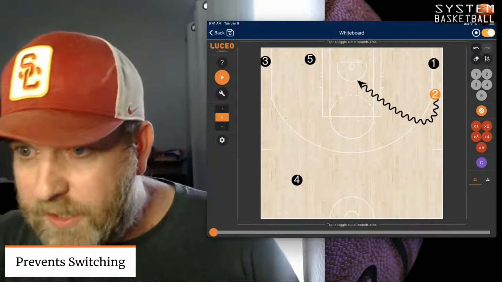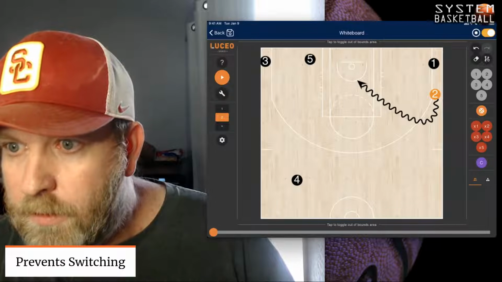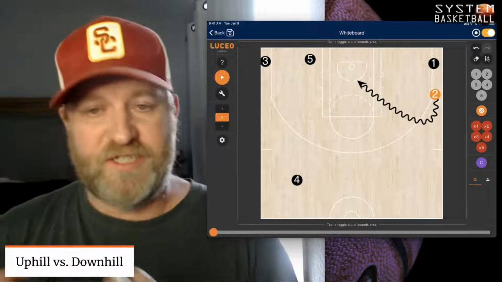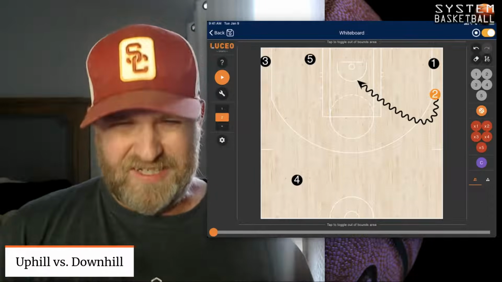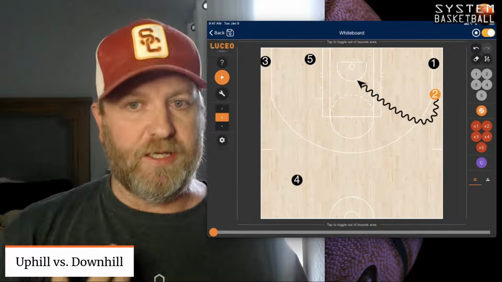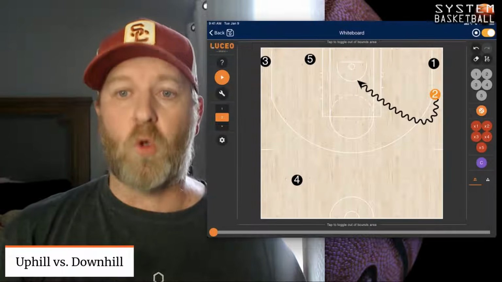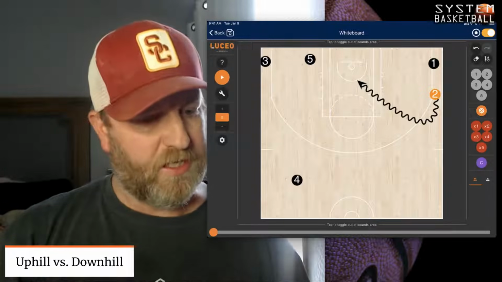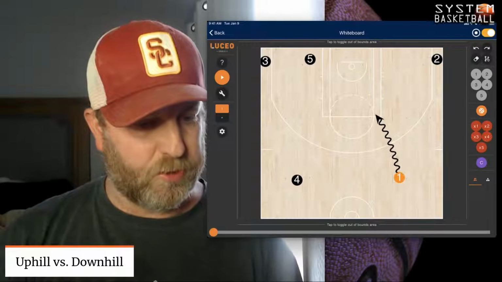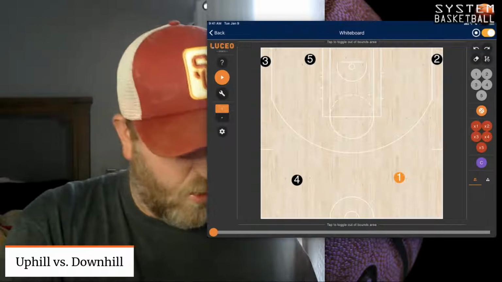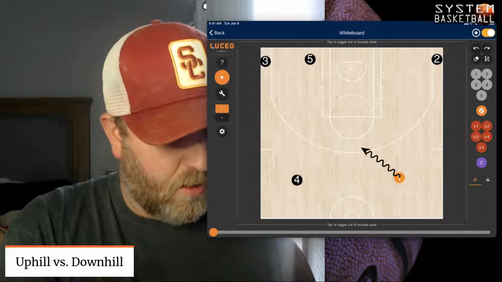Okay, so we're talking uphill versus downhill concept here. This is mainly out of the corners, if you will. It still kind of applies on a kickback situation, which is your middle penetration between your slot when players are in the slot areas.